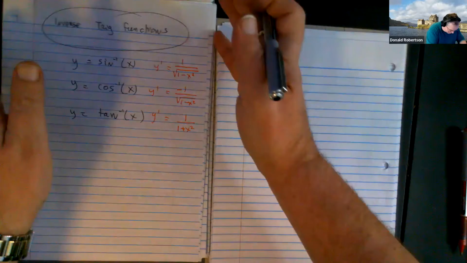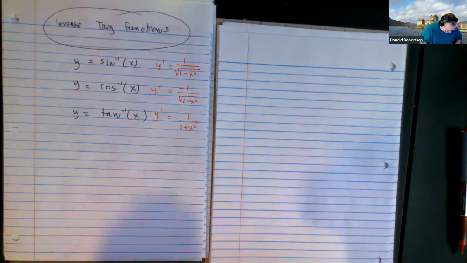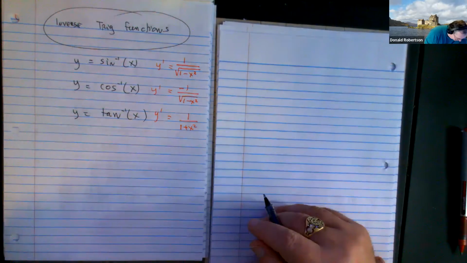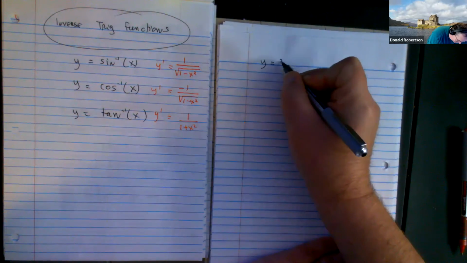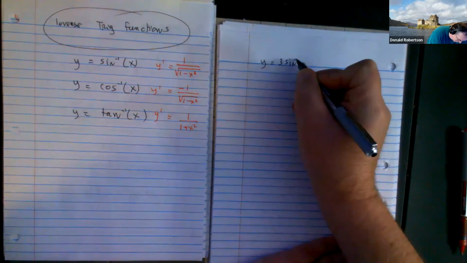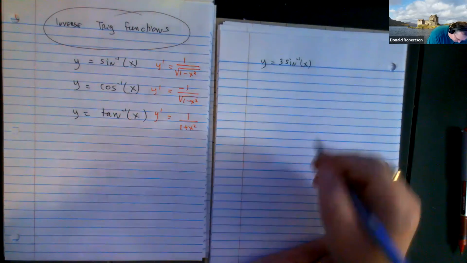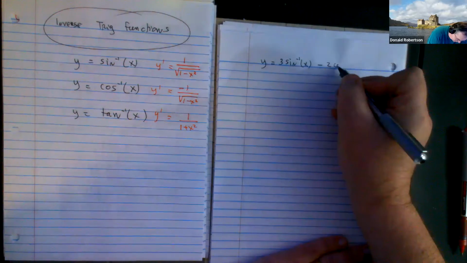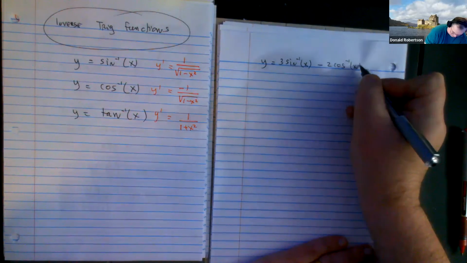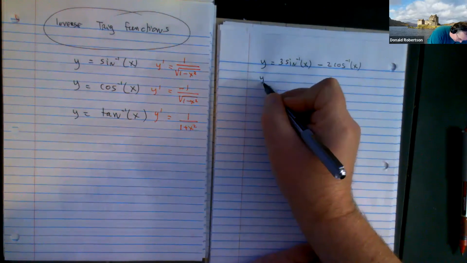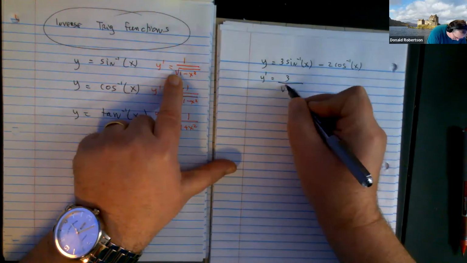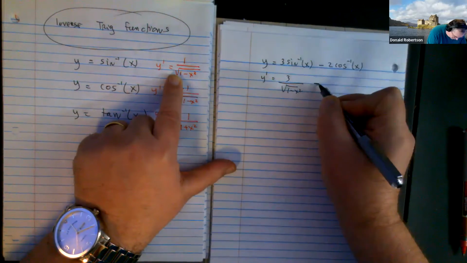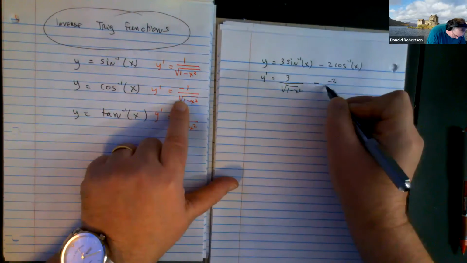We're going to start off with nice, easy ones, and then we're going to use the chain rule to do more difficult ones, or various rules, including the chain rule. So, if I said to you, find the derivative of 3 inverse sine of x, take away this guy, you would say its derivative is 3 of those guys, take away 2 of those guys.